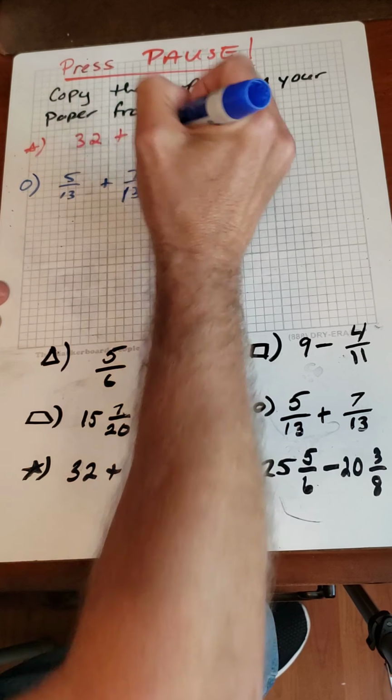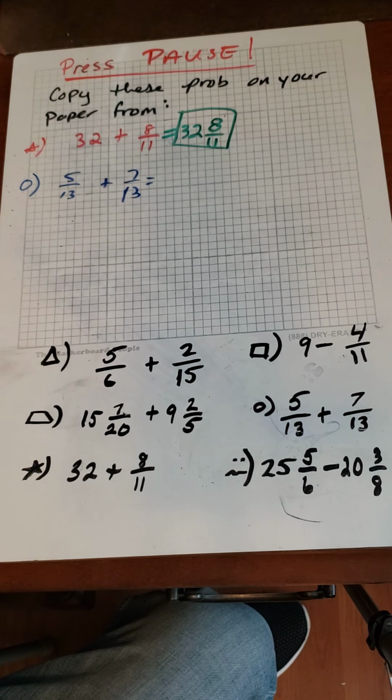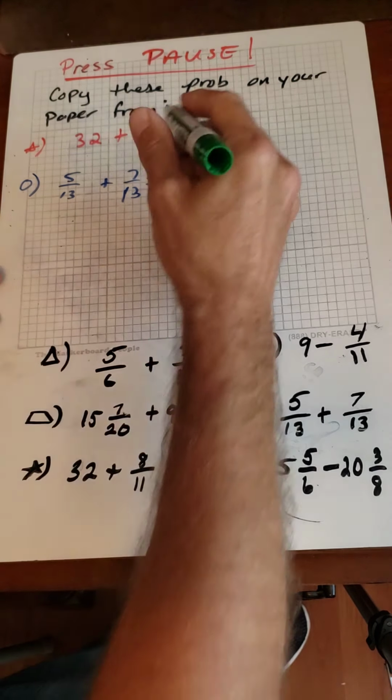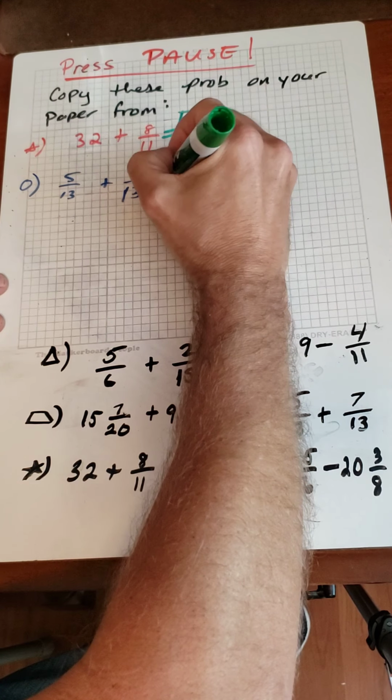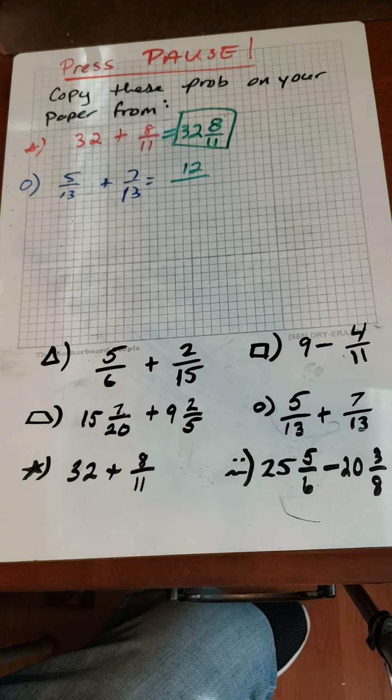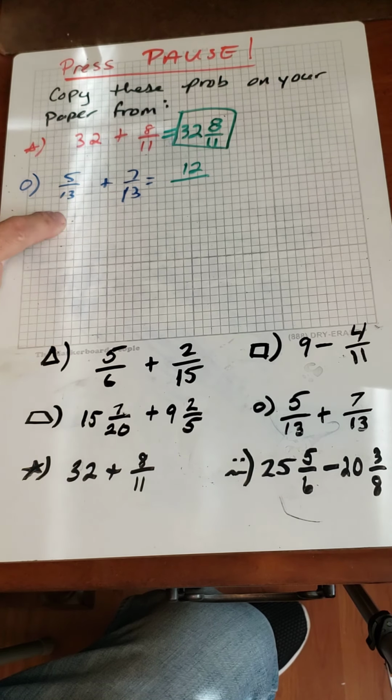And the reason I think most of you said that was the easiest one is because it has common denominators, and we like common denominators. And so when we have common denominators, it's real simple. All we have to do is add the numerators. So we get 5 plus 7 is 12. And then this is the only thing that's hard for kids to remember, is they don't actually add the denominators.